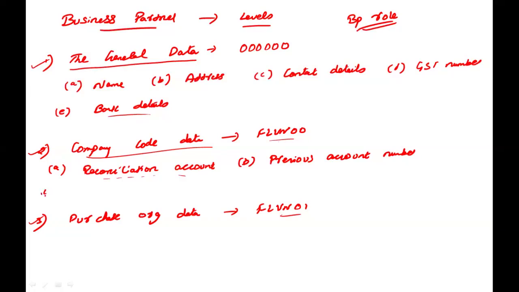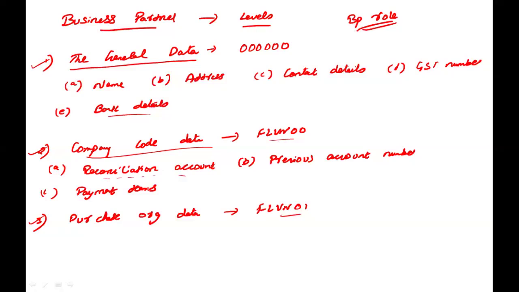Then you have another field which is called payment terms. Payment terms are nothing but when should you pay the vendor? We can say that we need to pay immediately, but there are functionalities in business where they will not be paying the vendor immediately.